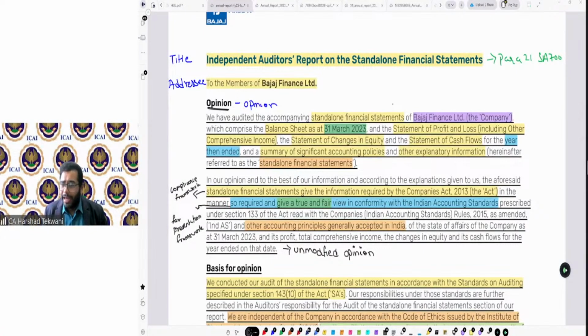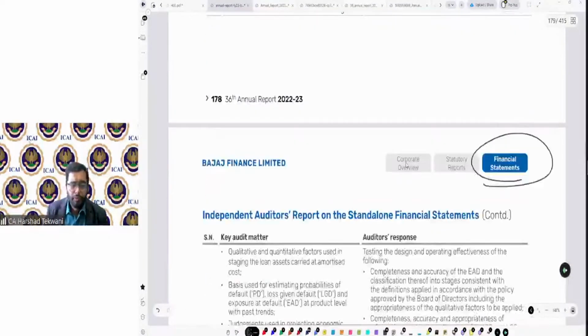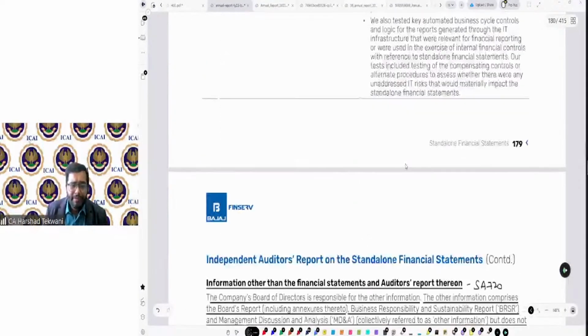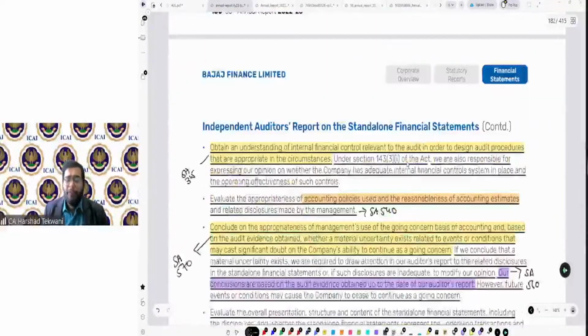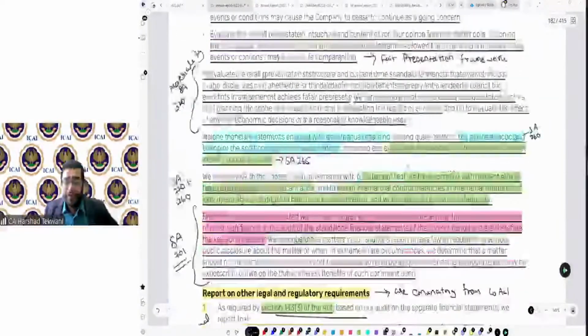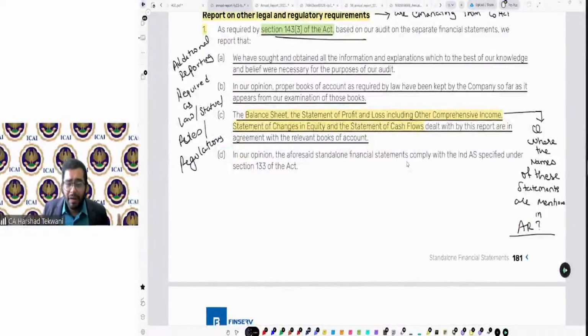Yes, Shruti, why not? It can come. So that is the first paragraph, the start of the audit report, which provides which financial statements are covered in this particular audit report.